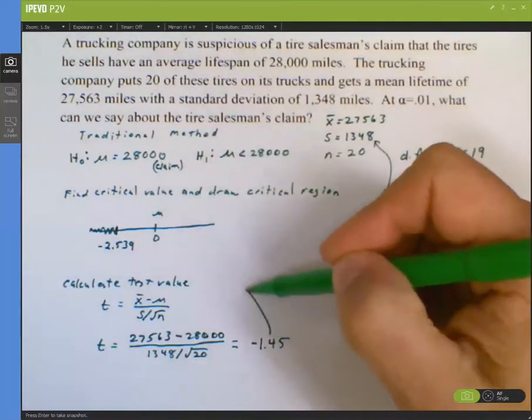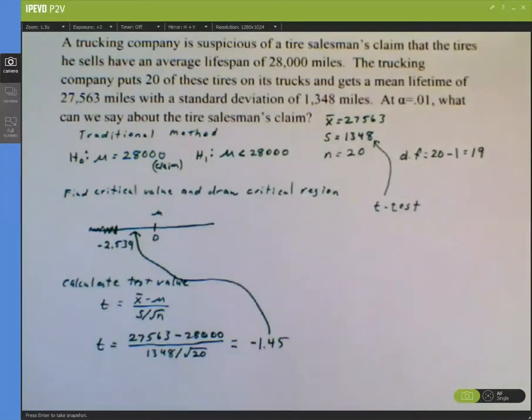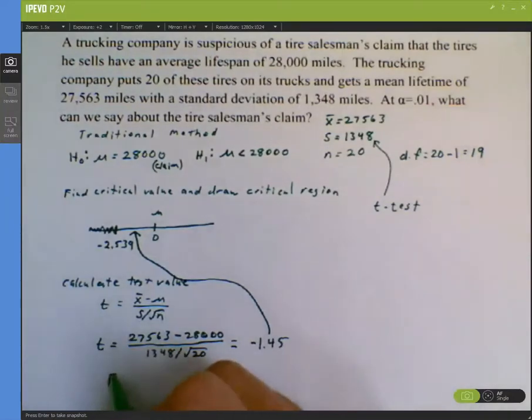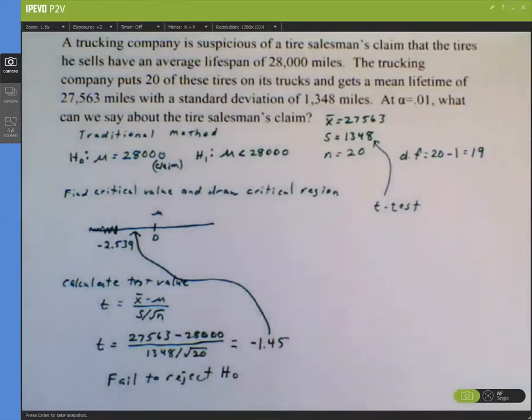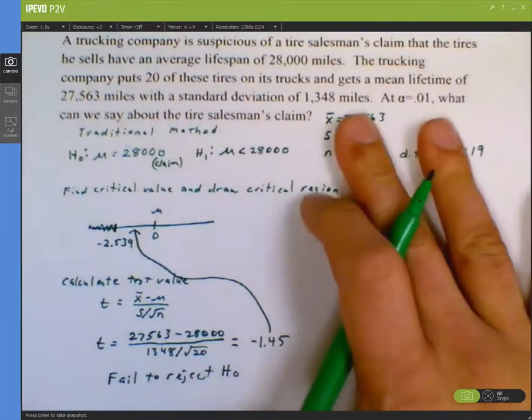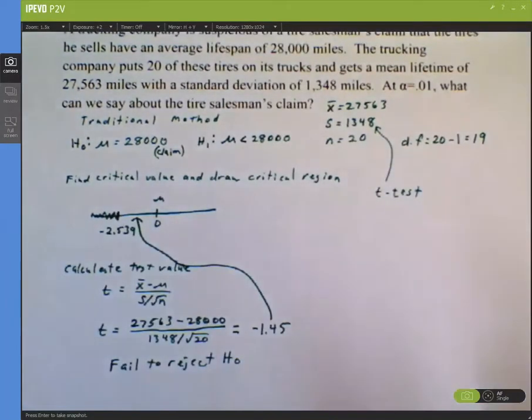So we take that test value and see, where does it fall? Well, it falls in here somewhere. Okay, it falls right in that area. So it is not in the critical region. So now you have to make your decision based on the test statistic not being in the critical region. And your decision for that is to fail to reject H0. Okay, so we fail to reject H0 means we keep this H0, that the mean of these tires is 28,000 miles.